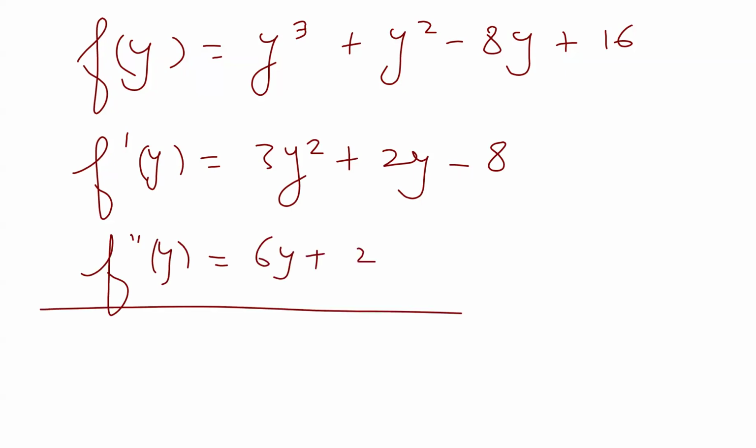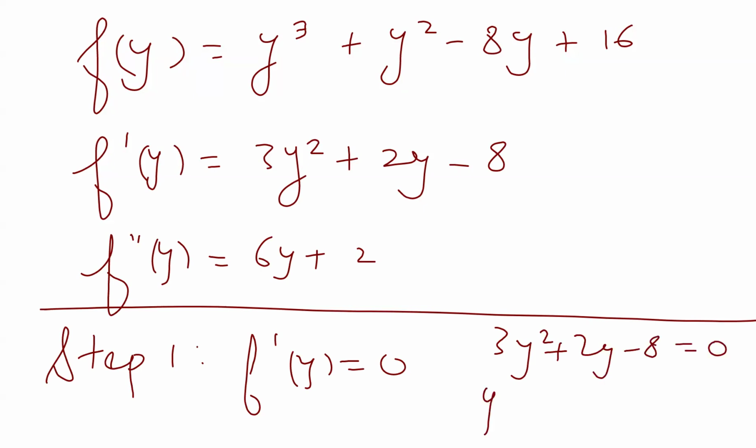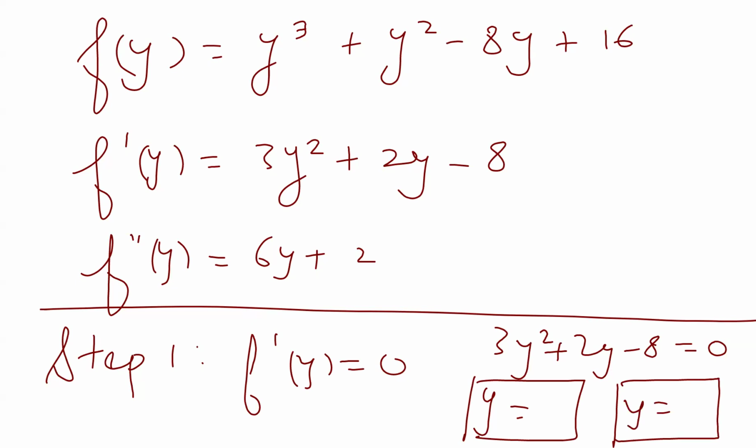Step 1. F dash y is equal to 0. So 3y square plus 2y minus 8 is equal to 0. So it's a quadratic, we'll get two different values of y. Can you tell me the two different values of y by solving?